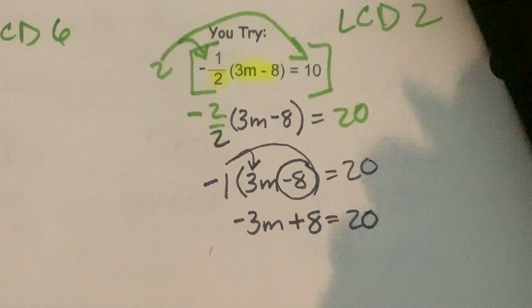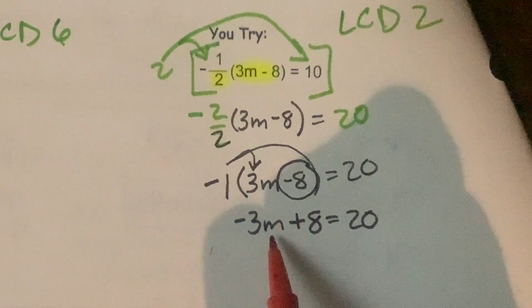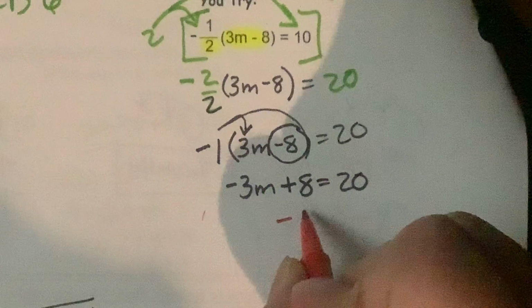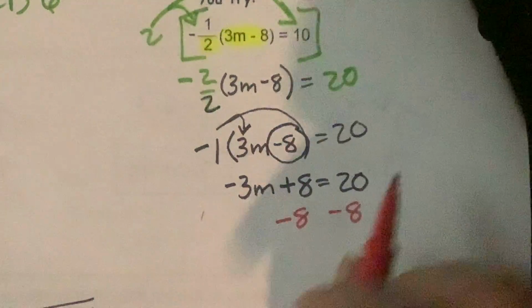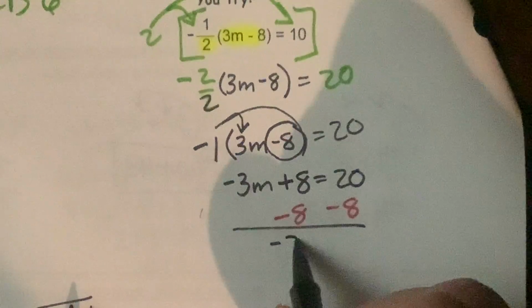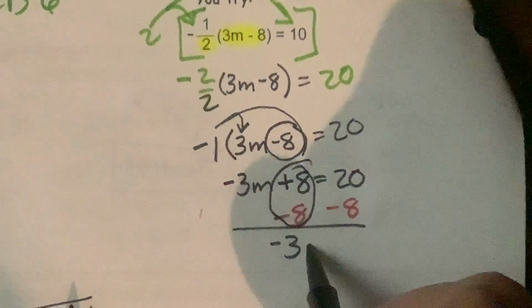So let's solve it. It's a two-step equation now. I have a coefficient times a variable plus a constant and an answer. Here we go. Minus 8 from both sides. Negative 3m plus 8 minus 8 is 0. Don't forget the m, Bono.